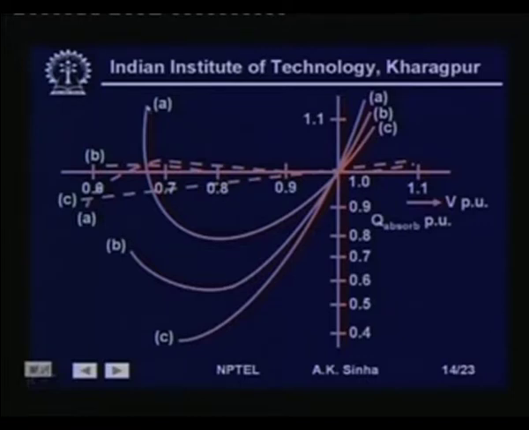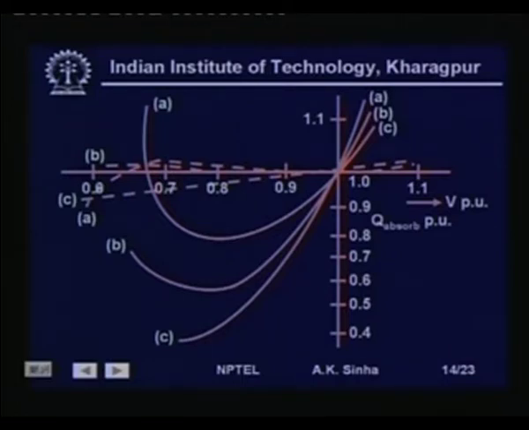So, below a certain voltage the absorption of reactive power by the machine becomes very, very large. Same thing is seen by curve B, which is for 0.75 of the full load torque, and C, which is at 0.5 or 50% of the full load torque. So, these show the characteristics of the real power and the reactive power drawn by the machine under different voltage conditions.